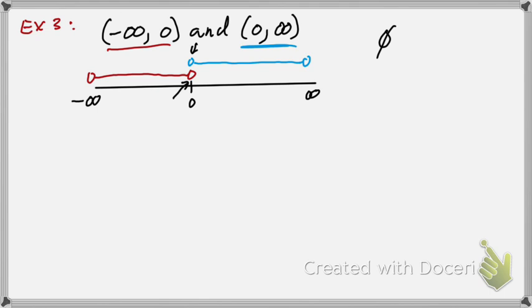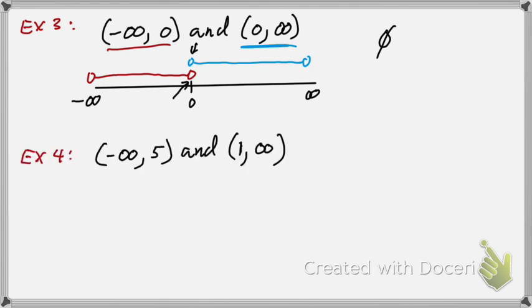One more, and I think maybe it'll help you understand. All right, once more, number line. I'm seeing negative infinity, 5, 1, infinity.